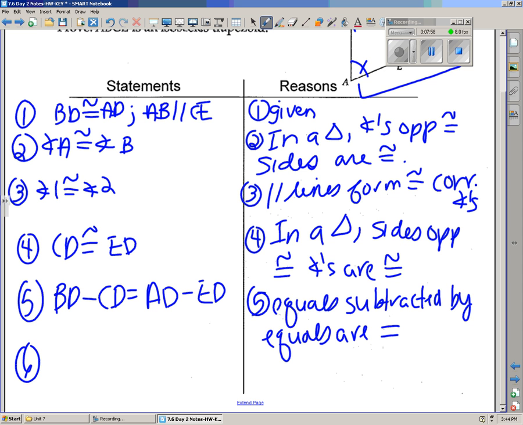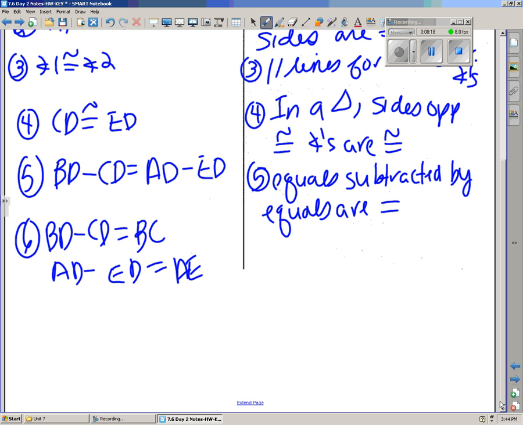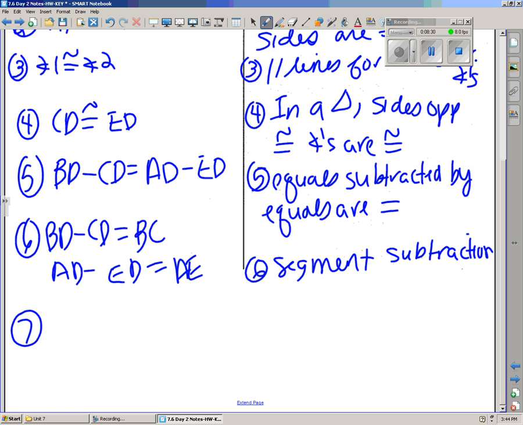And then we could say that BD minus CD equals BC, and that AD minus ED equals AE. And that's segment subtraction. And then by substitution, you've got BC is congruent to AE, and that's substitution.